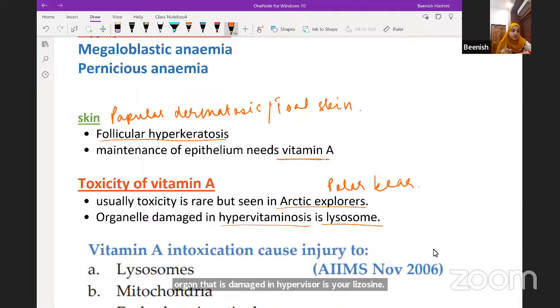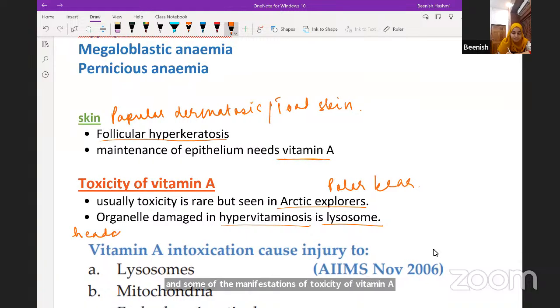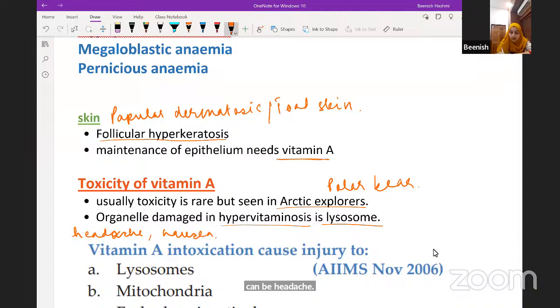So toxicity is rare, but it is seen in Arctic explorers, and some of the manifestations of toxicity of vitamin A can be headache, nausea, vomiting, hip fractures.